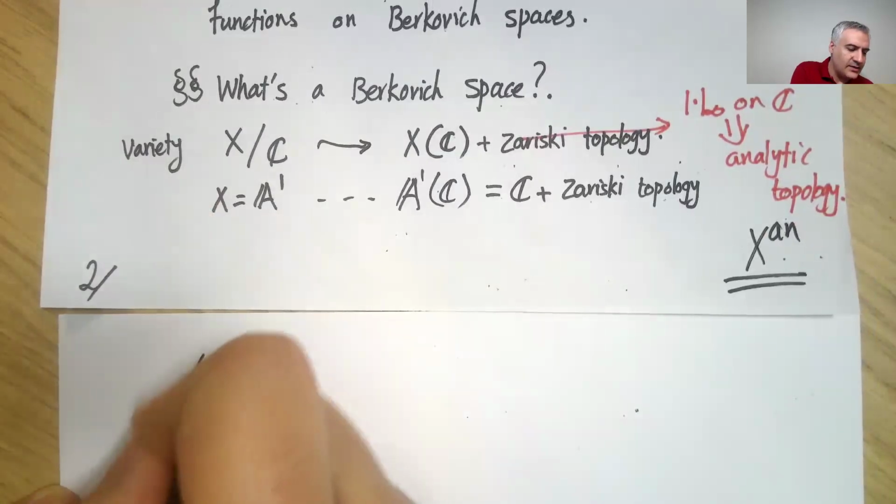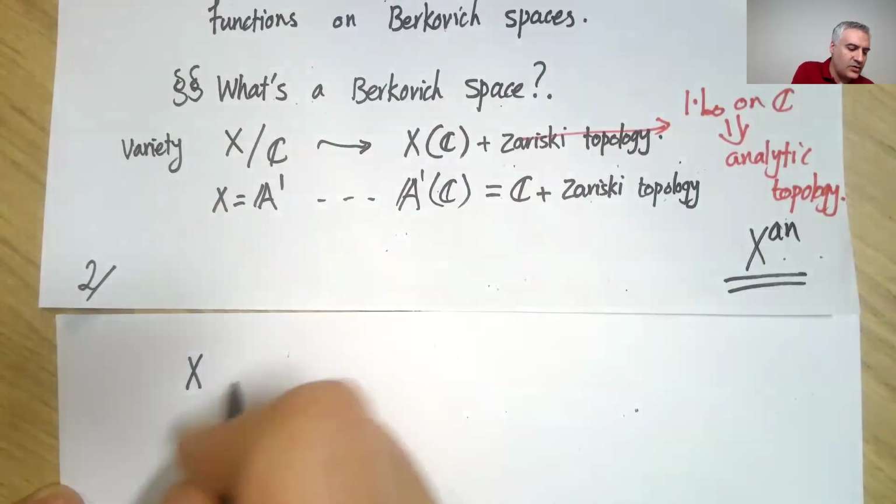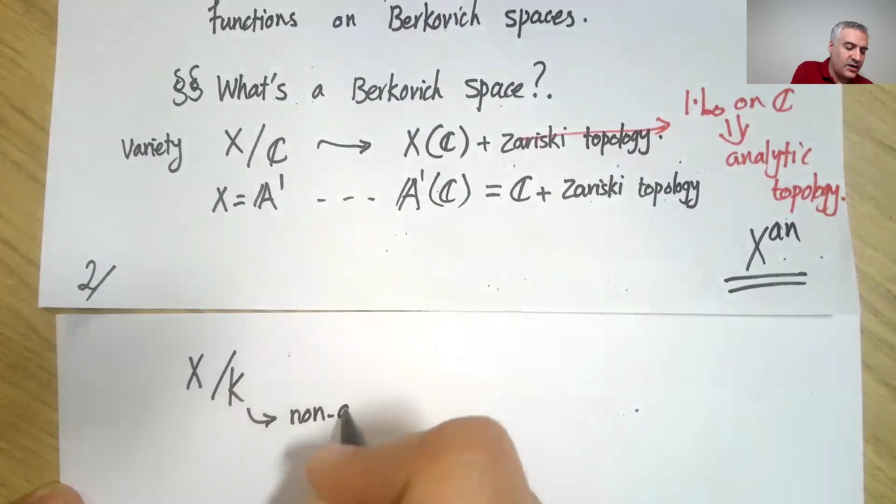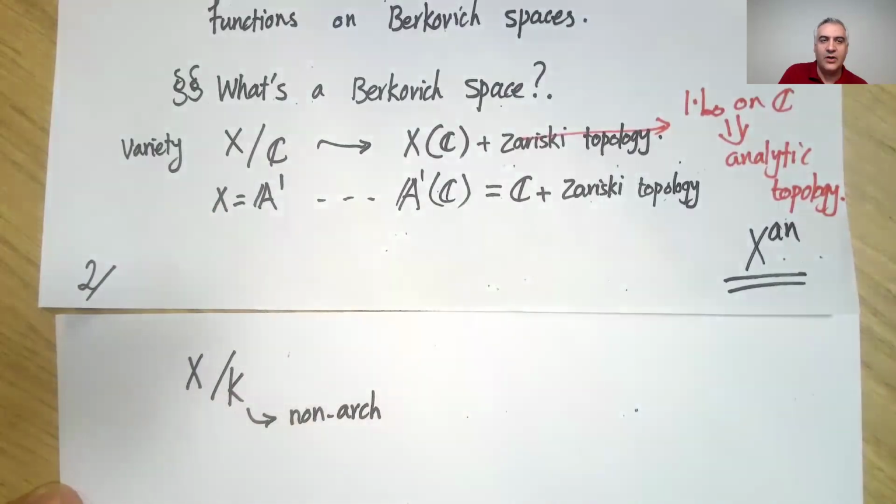So if X, I'm going to do the same thing, but now K is a non-Archimedean field. And it's a nice non-Archimedean field, maybe complete, algebraically closed, something like C we like. In the non-Archimedean world, you can start with the p-adics, algebraically close that and then complete that, and it's going to be a complete algebraically closed field, call it C_p.